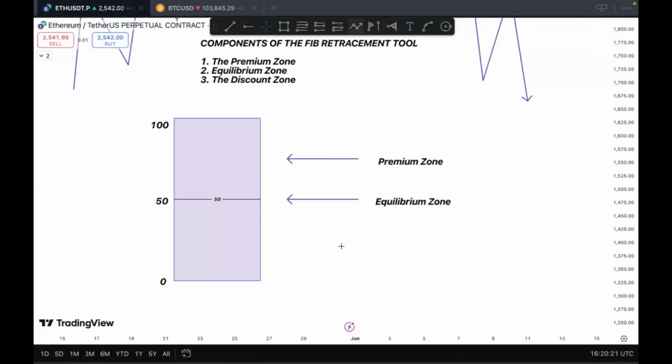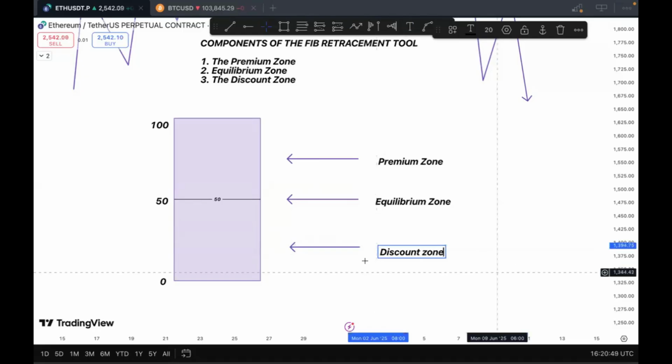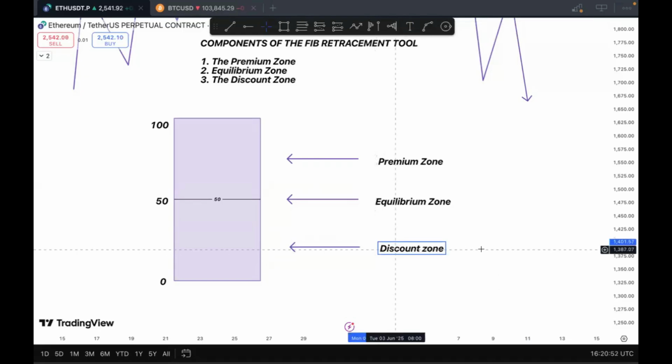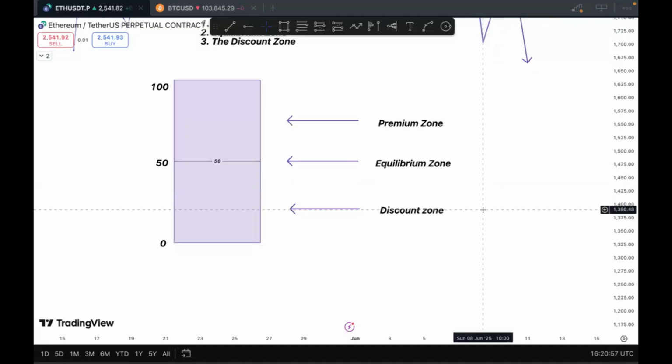And then we have 0 to 50 as the discount zone. So we have 0 to 50, or 50 to 0, as the discount zone, while 50 is the equilibrium zone.